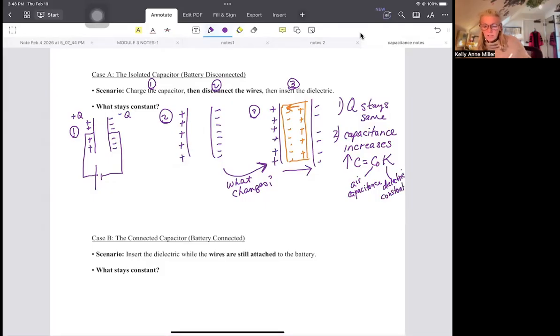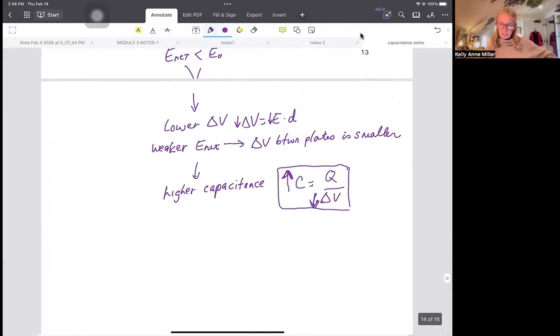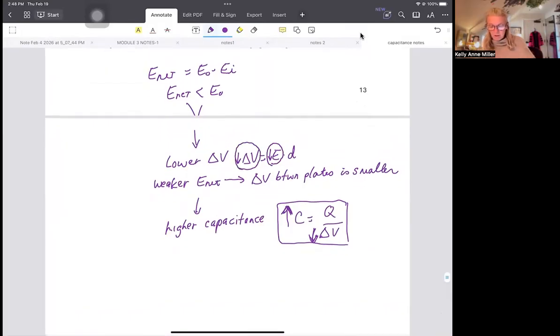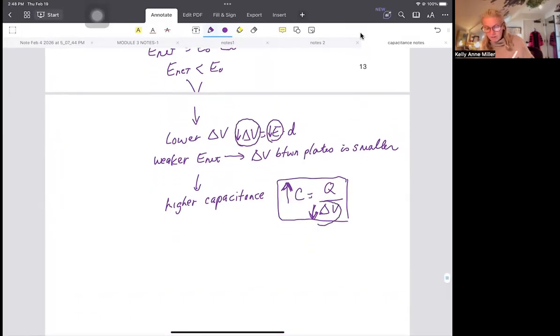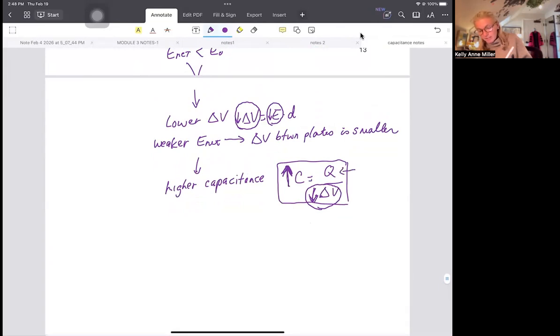Okay, so the capacitance increases. Why does it increase? For the exact same reason that I explained up here. The field is weakening. You're weakening the field with the dielectric, so this is going down, and therefore the change in potential between the plates is going down. And if this goes down, capacitance has to go up. And Q, we can now definitively say, is staying the same.